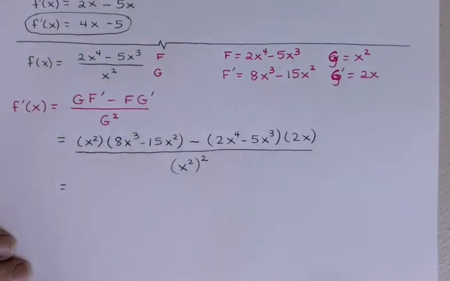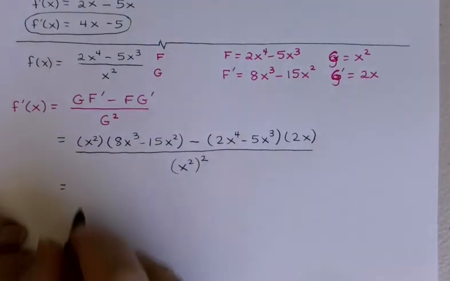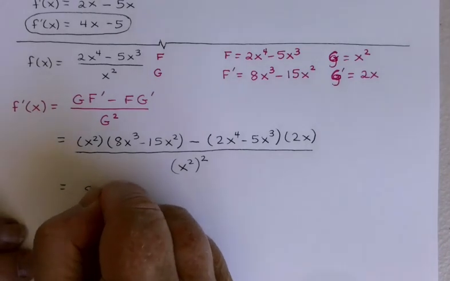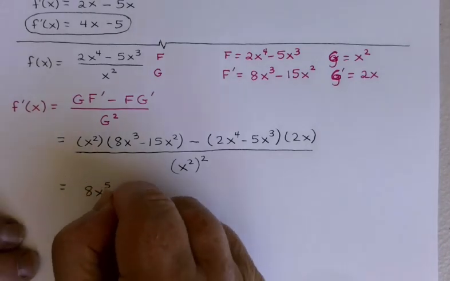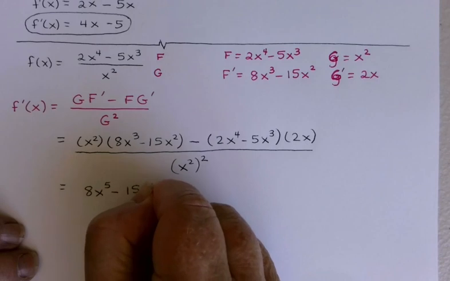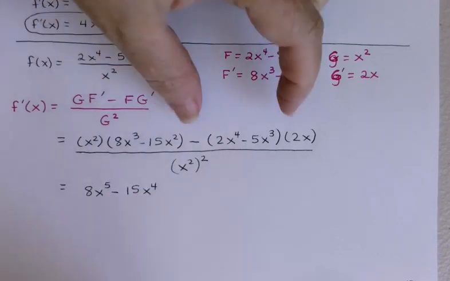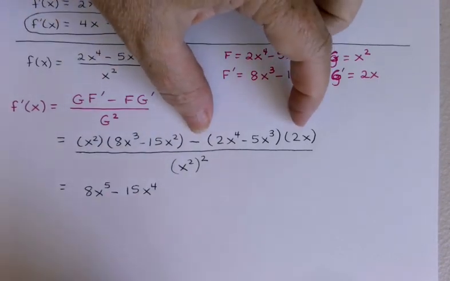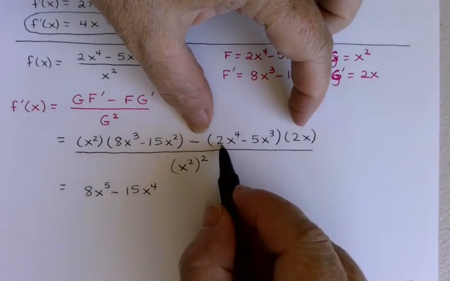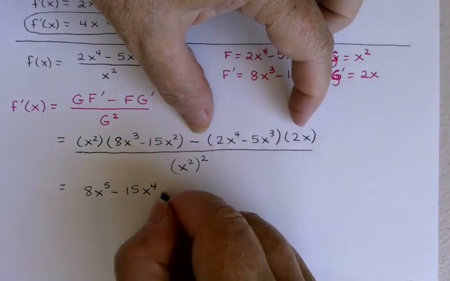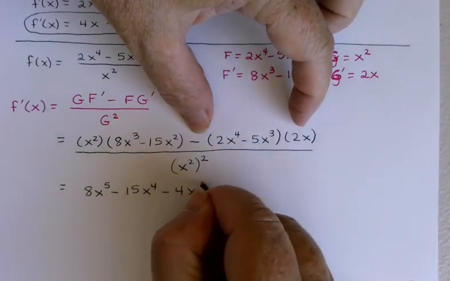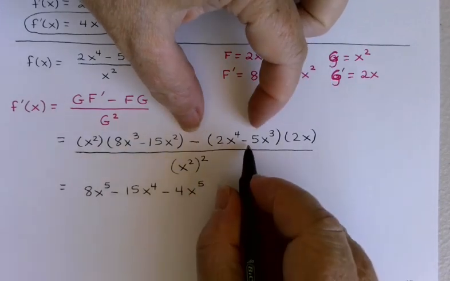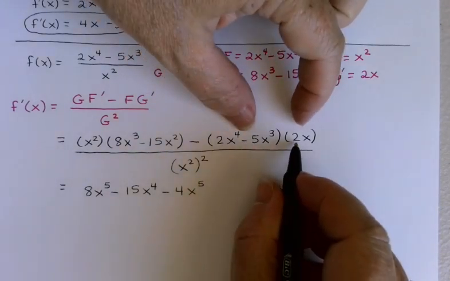All right, some algebra to do. I'm going to distribute the x squared. So 8x to the fifth minus 15x to the fourth. And then I'm going to distribute both the negative and the 2x. So negative 4x to the fifth. And negative times negative would be positive 10x to the fourth.